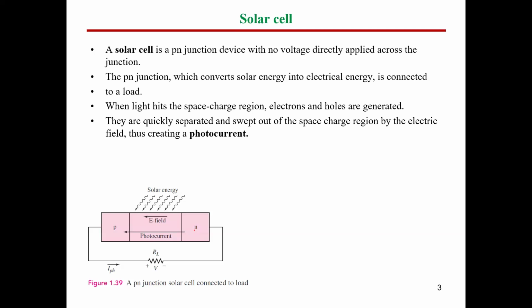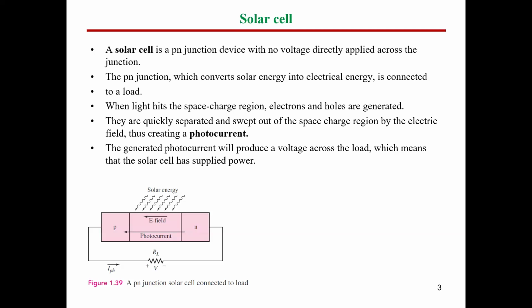The idea is, once you make free charges, these free charges will allow the current to flow, and we call it photocurrent. Why photocurrent? Because it's coming from the photons, from the light. So this is the idea of the solar cell.